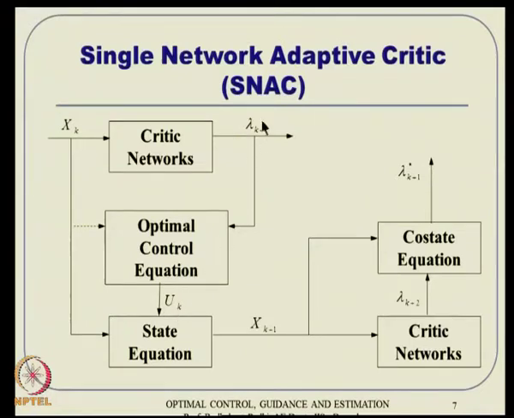Initially this is non-optimal, but still you can use these two and get your u_k. Then x_k and u_k are known, hence you get x_{k+1}. Again you use the same critic network, get lambda_{k+2}, then using these two you get lambda star_{k+1}. Taking this as the desired output, you train this network and stop when these two are close to each other. That is what we have discussed in detail before.